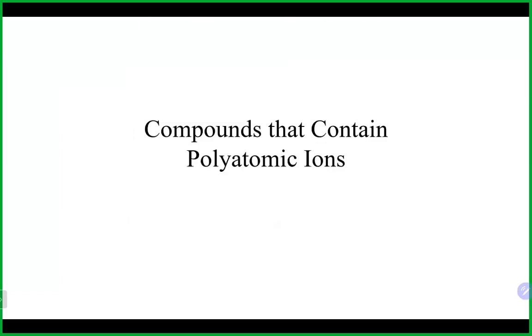The next thing we're going to talk about are compounds that contain polyatomic ions. Polyatomic ions are weird things in the sense that they are groups of nonmetals that are together, which means they will share electrons like we talked about in bonding, because they're two or more nonmetals together.